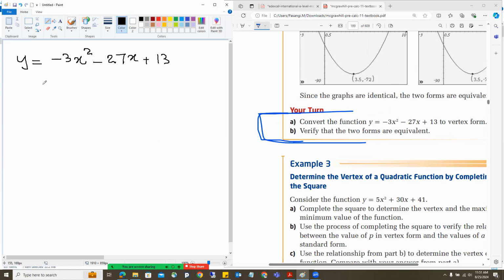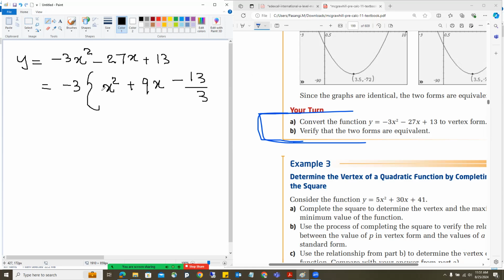Then here we'll take this -3 out. Then we have the rest of these, x squared plus 9x plus 13. Actually it's not plus, it should be minus, right? Minus 13/3.